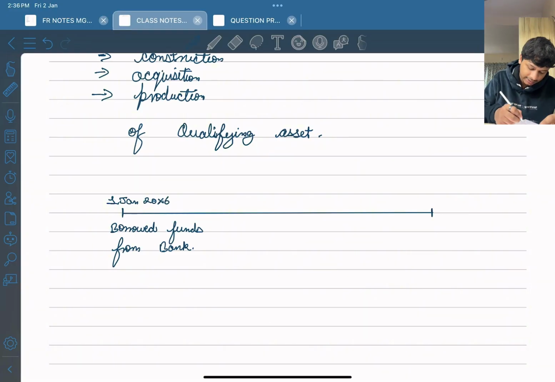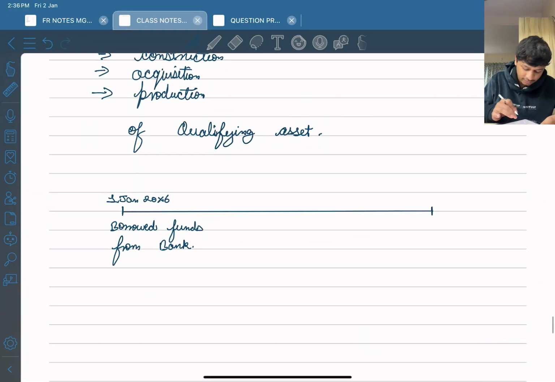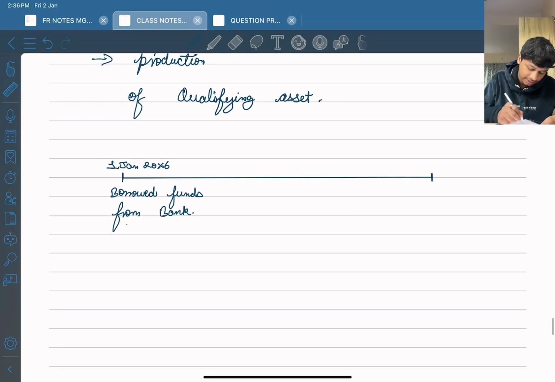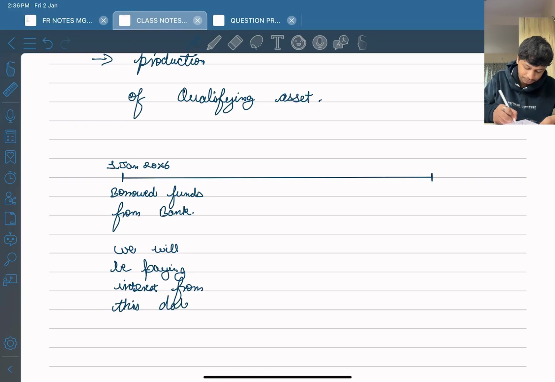If we have borrowed funds on this date, we will be paying interest from this date, so the interest expense will start.